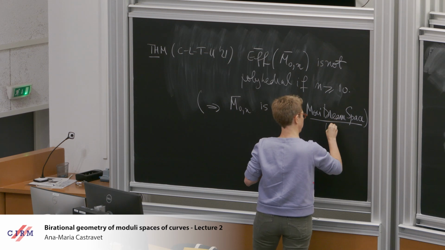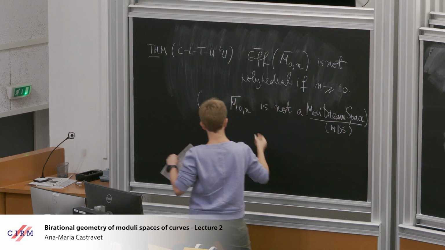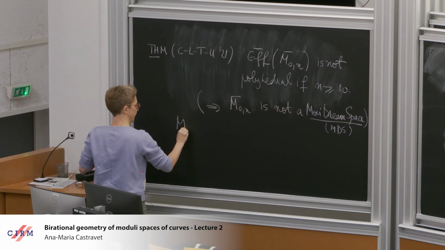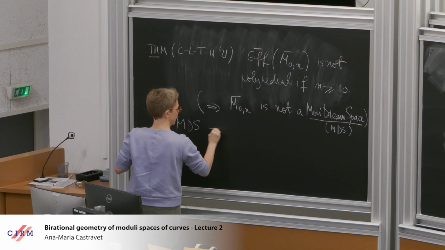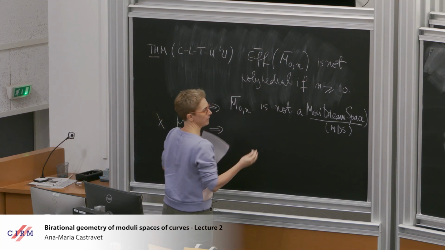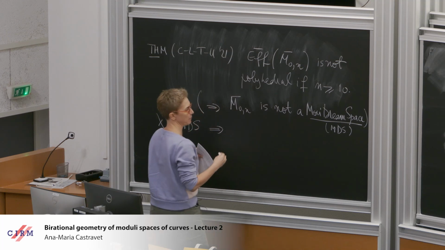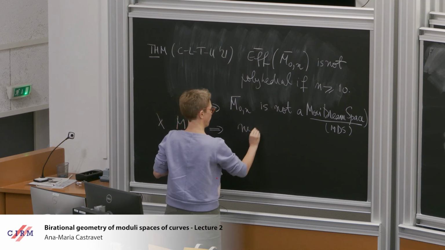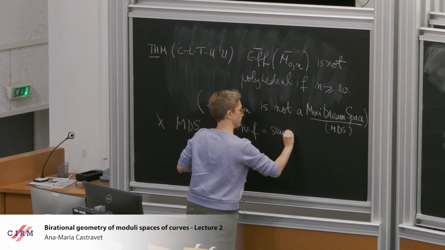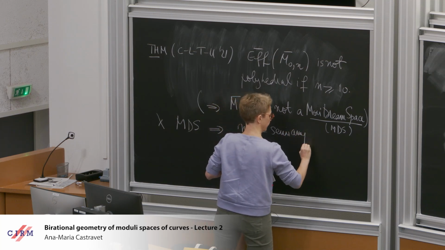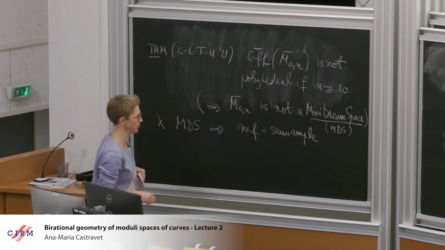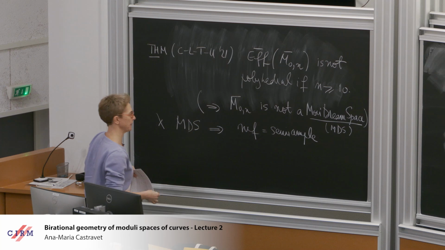And so without giving the definition, let me recall that Mori dream space does imply that all divisors which intersect curves non-negatively have a multiple which is base point free. So nef divisor is the same as a semi-ample divisor. So you can check numerically if something is semi-ample.